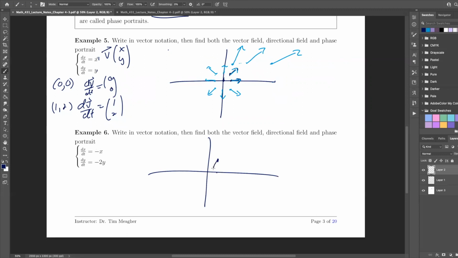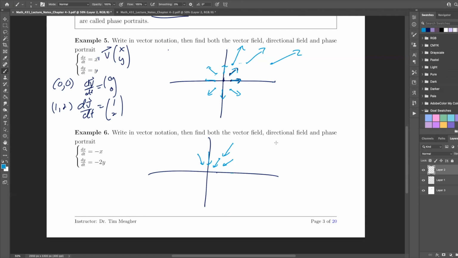So I'd be very strongly this way. And if I'm at 2, 2, it'd be very strongly in the same direction. Here at 1, 2, it'd be almost like this. So this all kind of points in, but it points in with a heavy slide.